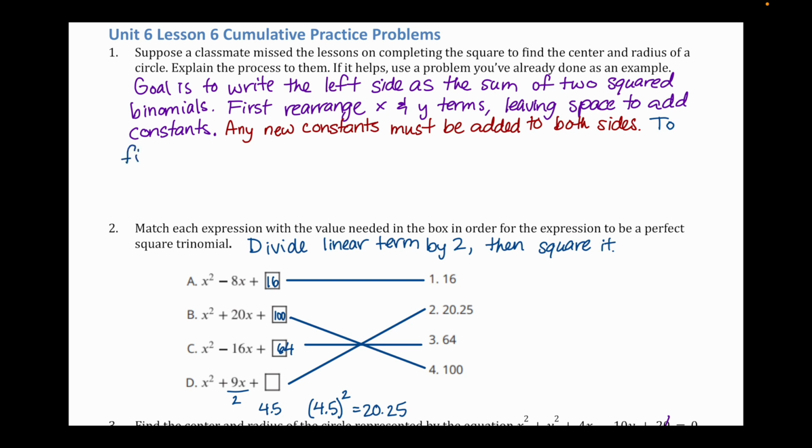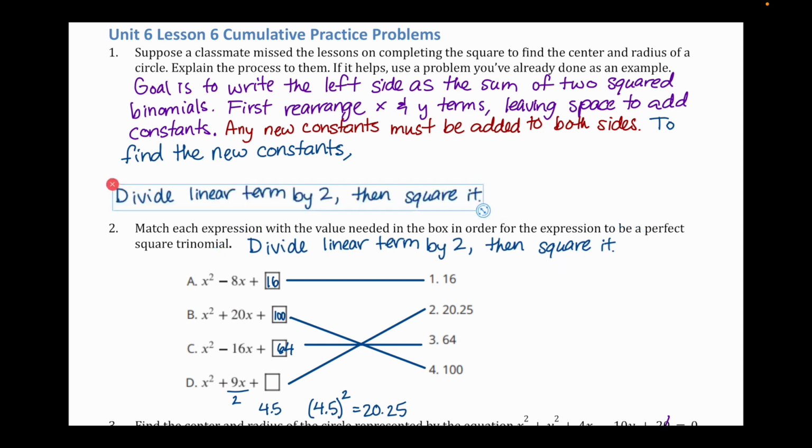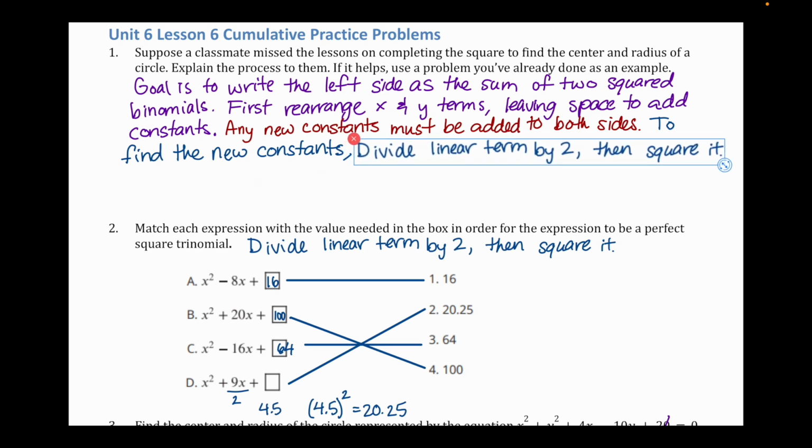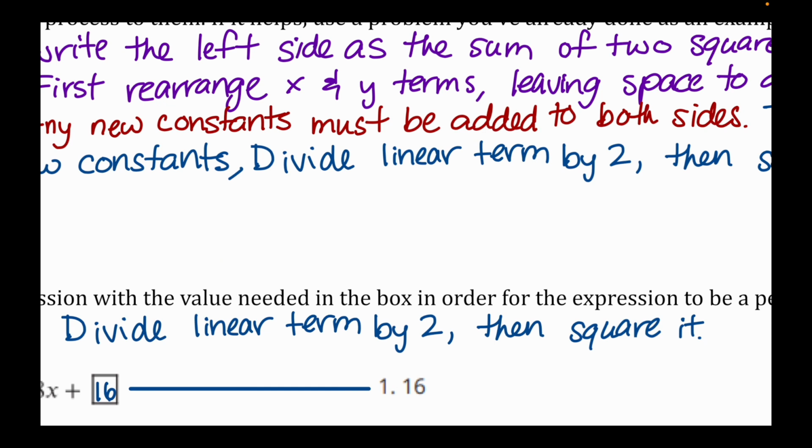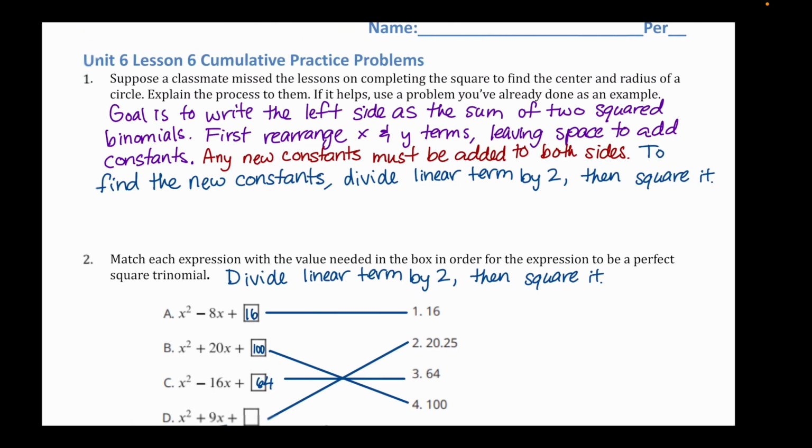To find the new constant, we're going to copy this and paste it. Divide the linear term by 2 and then square it. Except I'm going to make this a lowercase d.